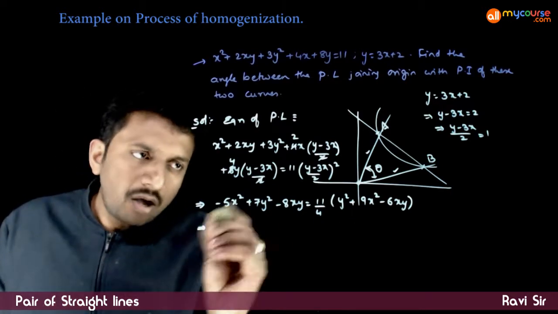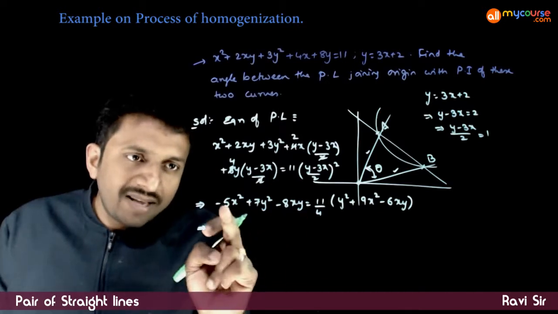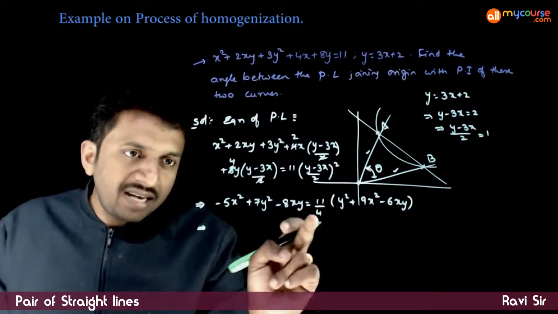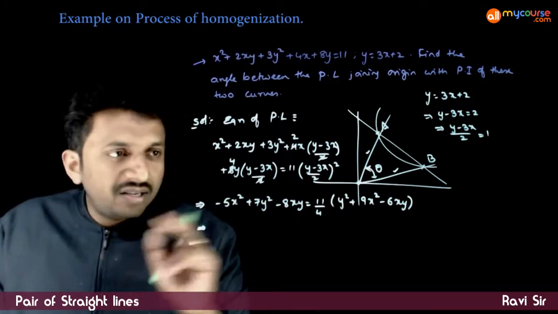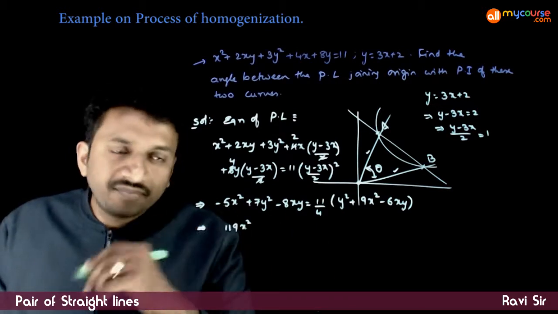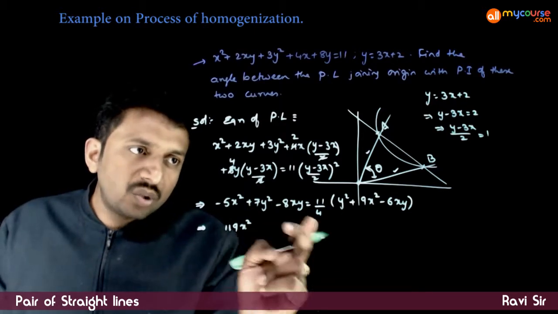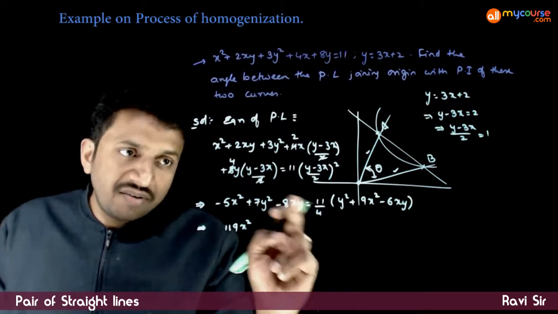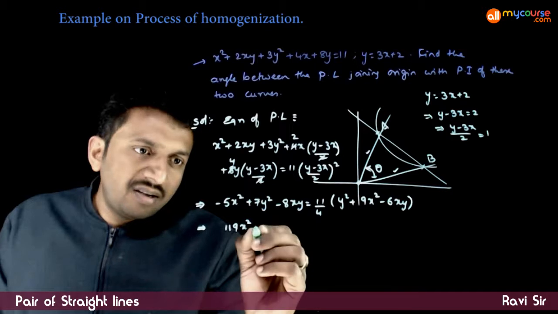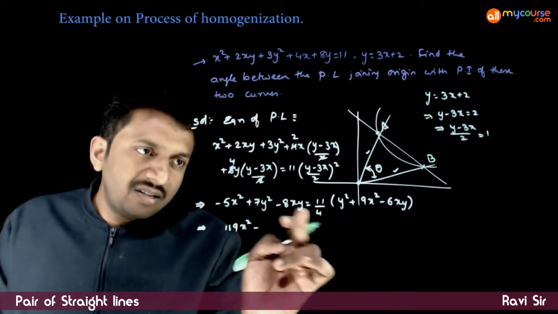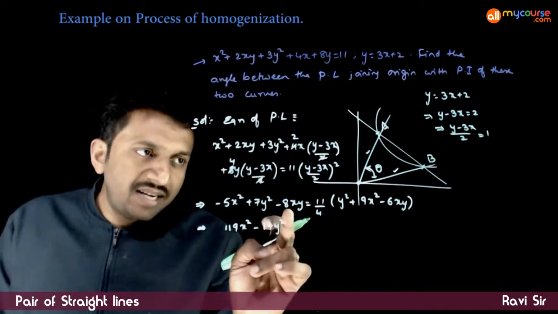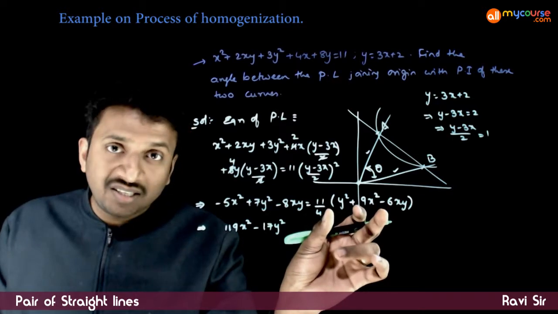So this implies, on cross multiplication, you have minus 20x square, 99x square here. So 99 plus 20, 119x square. So you have a 28y square and 11y square. 11y square minus 28y square is minus 17y square, and minus 32xy, we have a minus 66xy here.